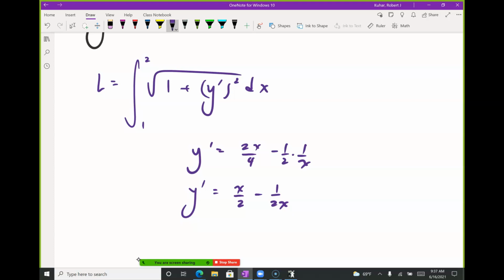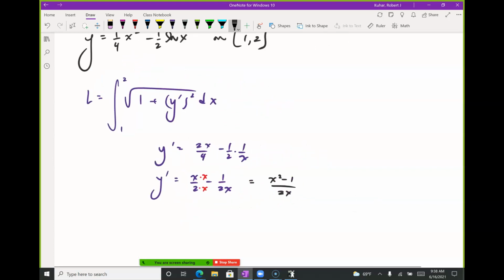I'm going to have to square it. It's a lot easier to square it if I get a common denominator. So it looks like I just need an x here and an x here, right? And then what do I get? I get x squared minus 1 all over 2x. And then I'm going to square that, right?